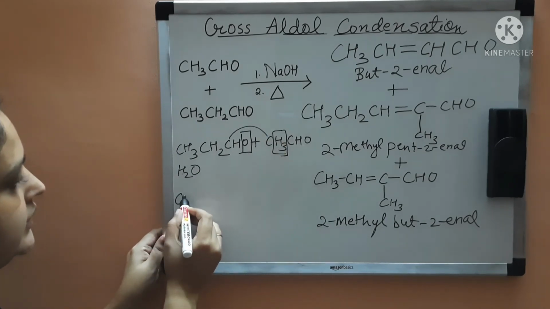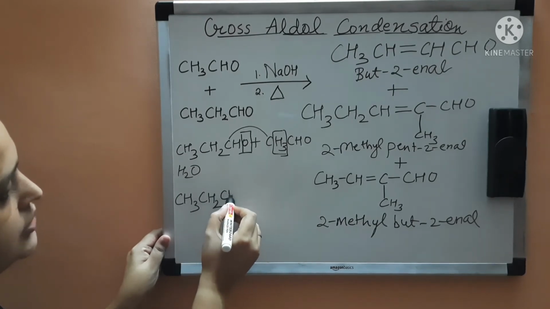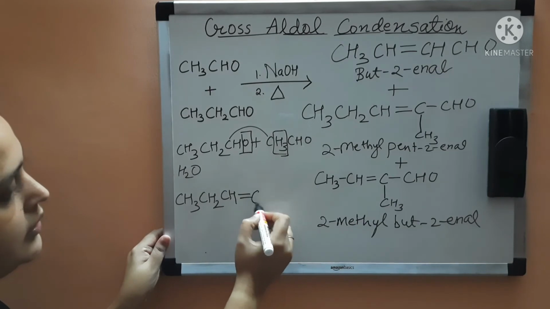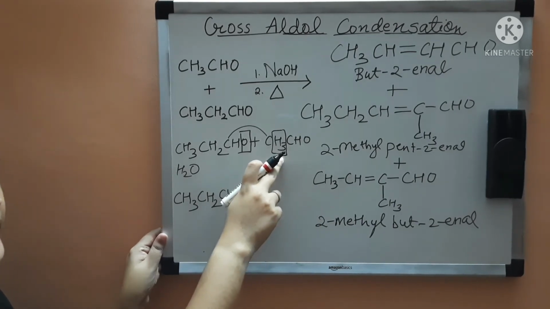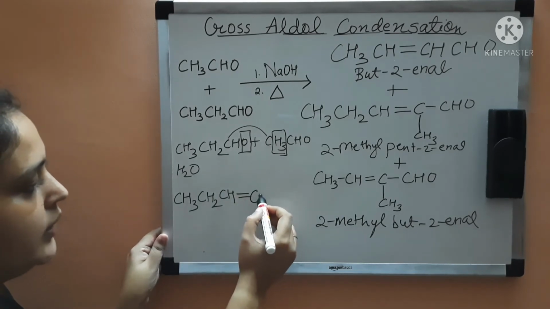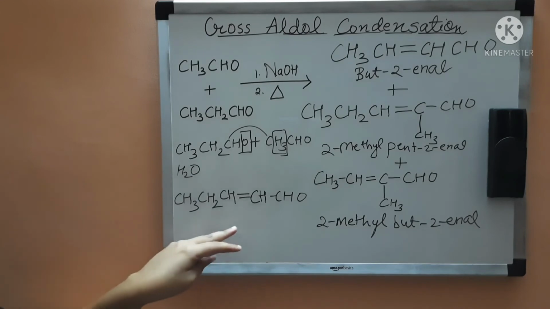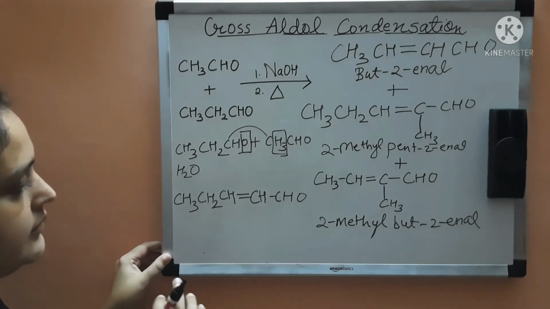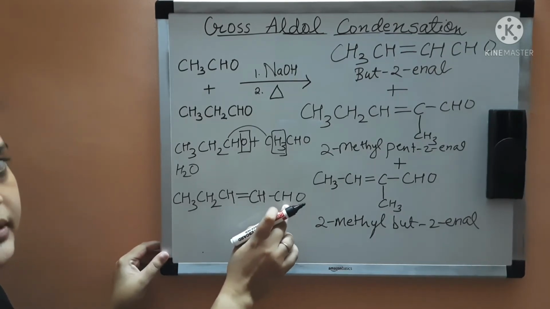You will get CH3, CH2, CH, carbon-carbon double bond, and there will be 1 hydrogen left because 2 hydrogens are removed, and CHO. And what will be the name of this fourth product? Because there are 5 carbon atoms, at the second carbon atom there is a double bond and at the first carbon there is an aldehyde.